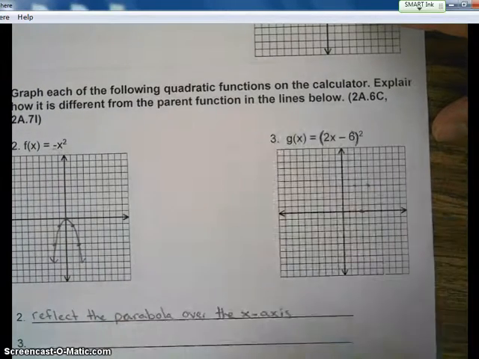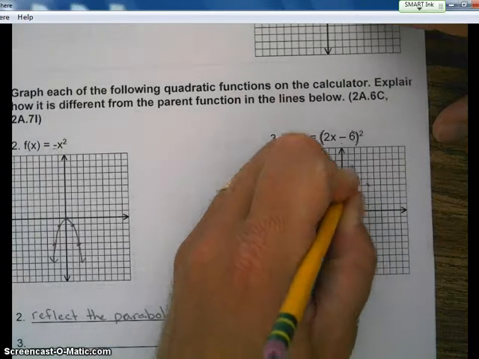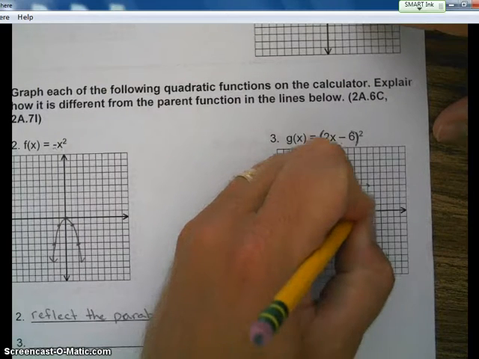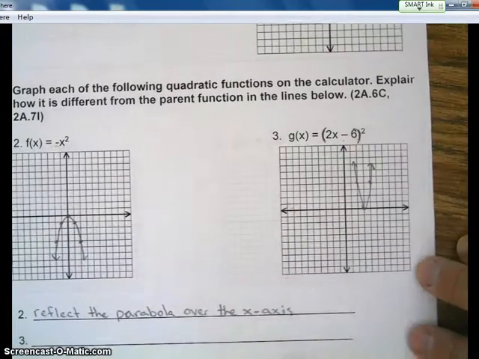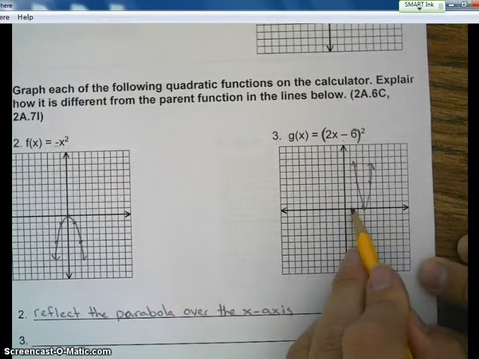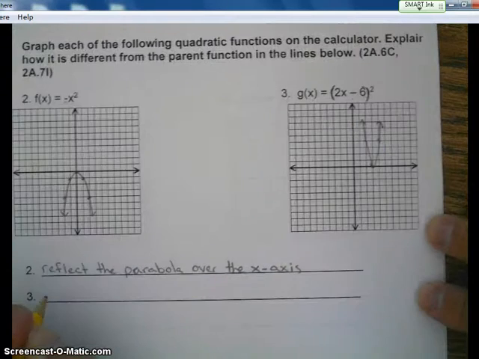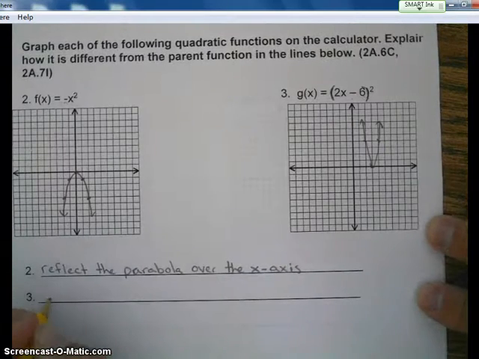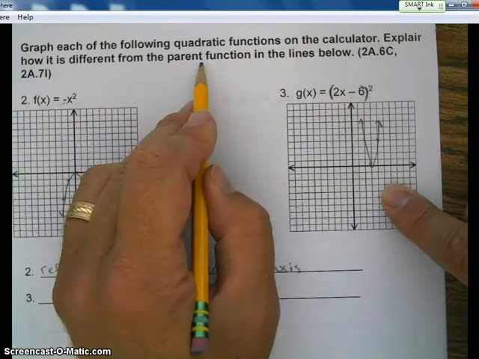Okay, so we're going to sketch that graph. What we have here is a translation. It's translated 1, 2, 3 units to the right. So we would write, because remember, the question here is how is it different from the parent function?